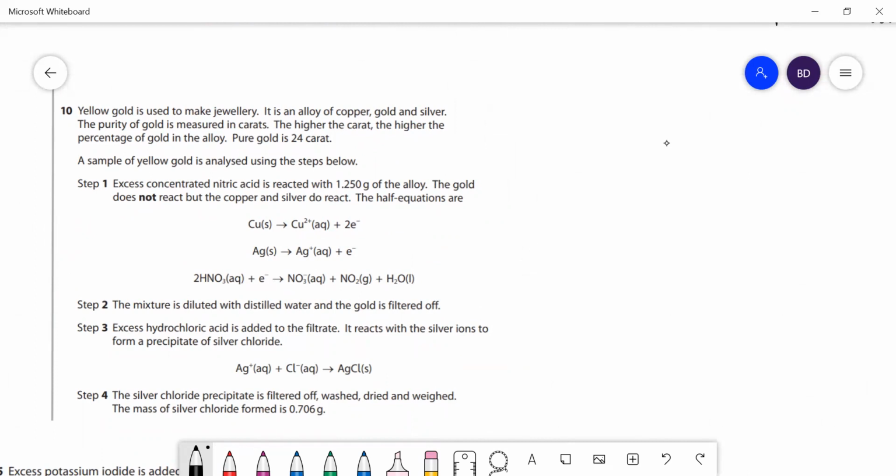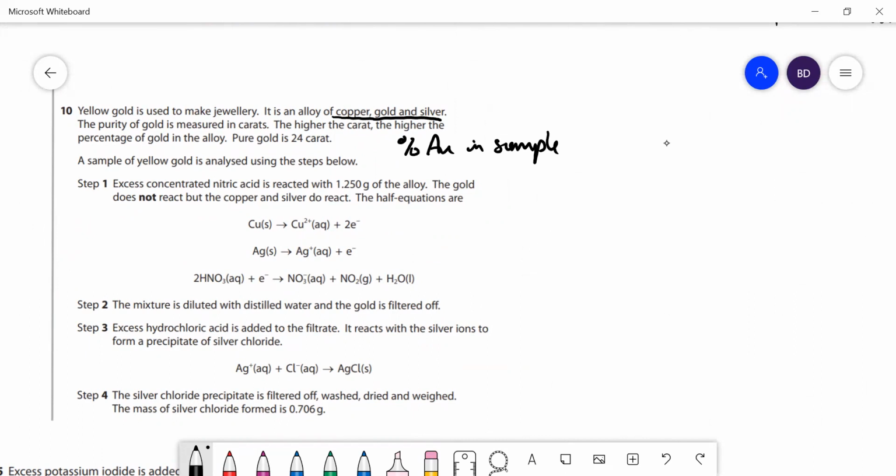It says yellow gold is a mixture of copper, gold, and silver, and we want to find out the percentage of gold by mass in the sample. That's what we're doing in this question. The first thing they do is dissolve the metal in concentrated nitric acid. Only the copper and the silver dissolve, and the gold is left behind.